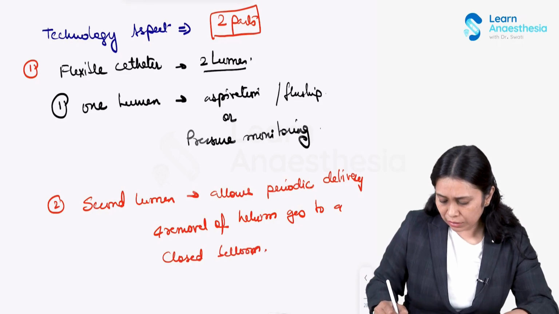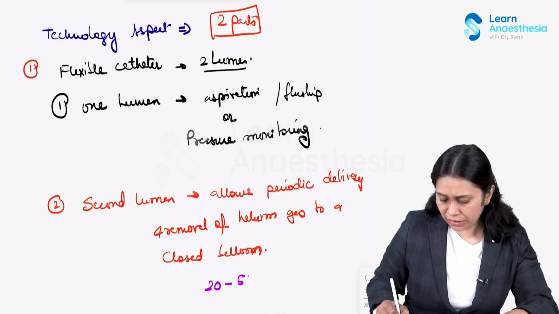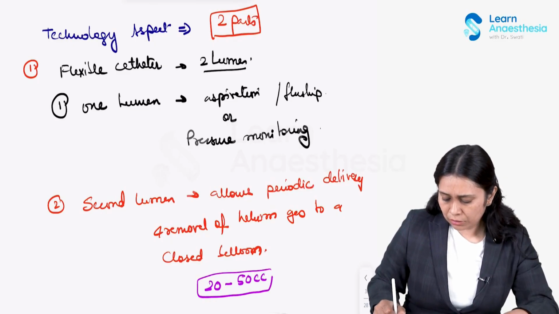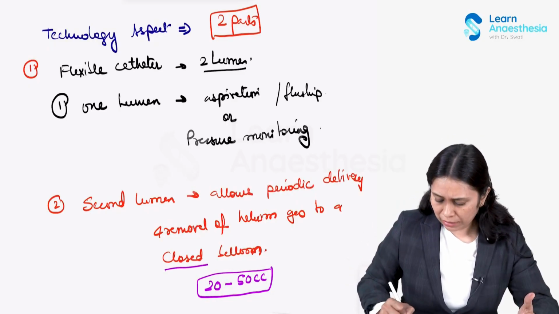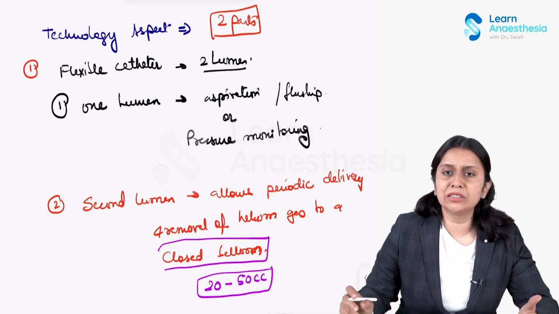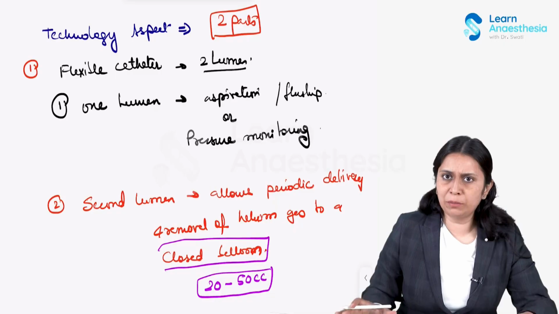This balloon has a volume capacity of 20 to 50 cc. The inflation and deflation of this balloon acts as a circulatory assist. How does it act? We will talk about it. So this is the first part of the IABP machine.